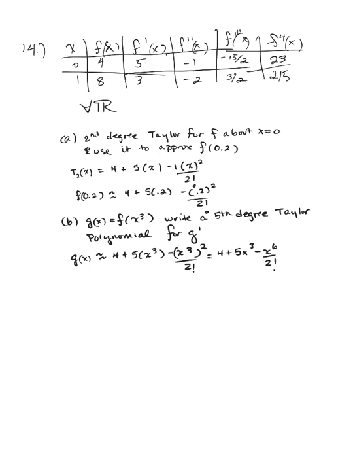Okay, when we go and we get the 5th degree Taylor polynomial for g prime of x, we get 0, okay, plus 15x squared, bring down the power, minus 6x to the 5th over 2 factorial. No extra points for simplifying. Stop right there. Okay, answer the question, move on.